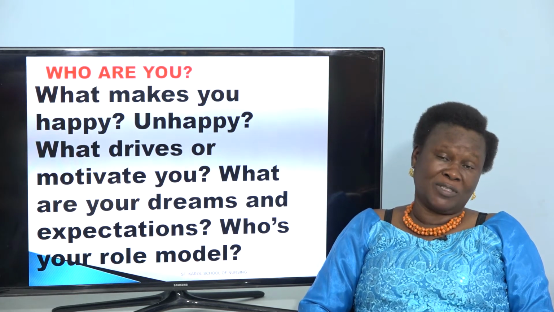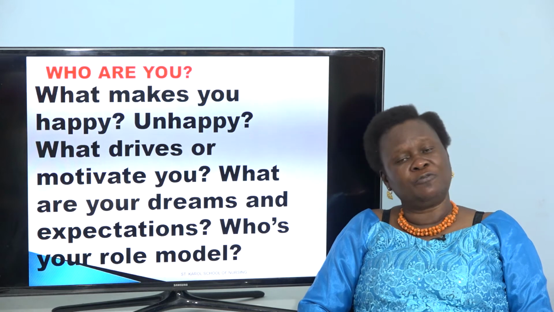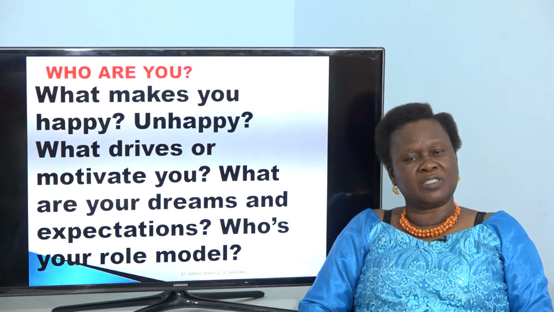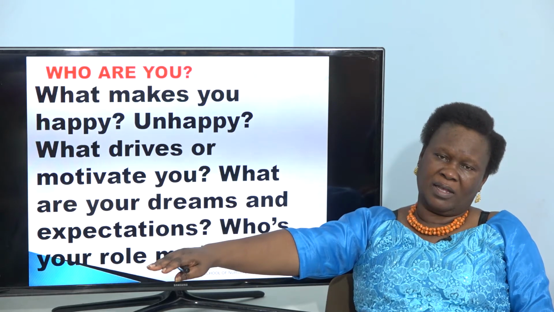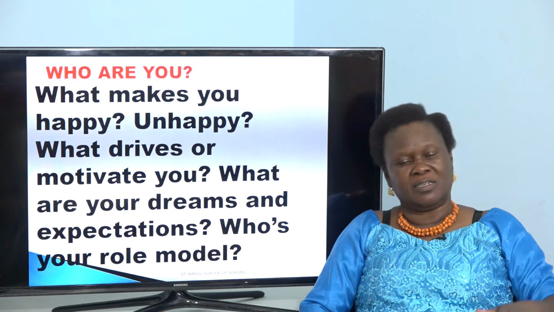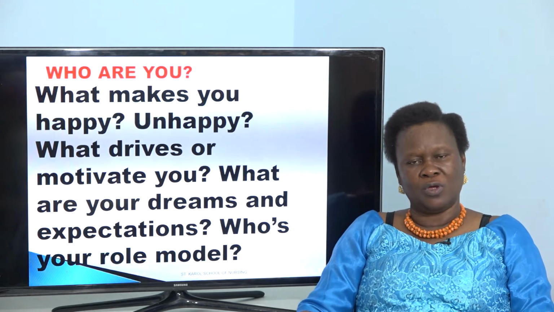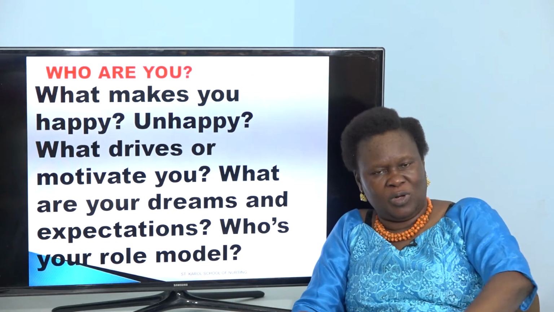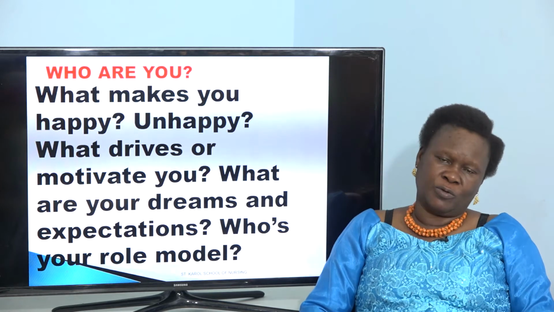Your role model can be yourself. You want to be the very best of who you are. It can be yourself. But if you begin to think about the rich as a different species, then you put yourself on one hill here, and the rich is on a mountain there, and there is a valley between the two of you. So you don't aspire to move from where you are and go gradually across that creek to where that rich person is.